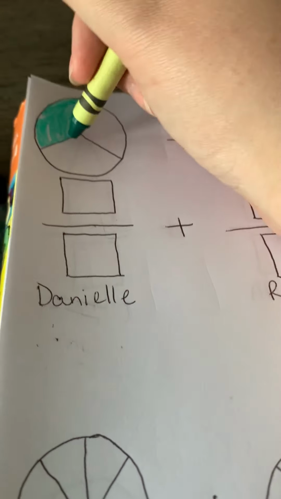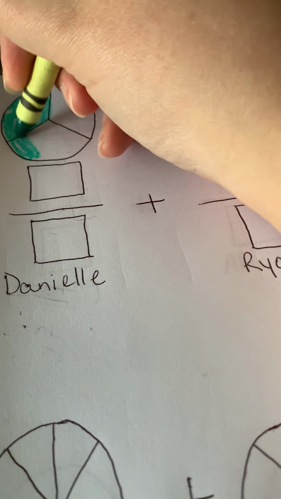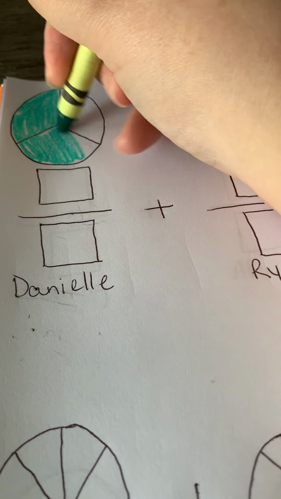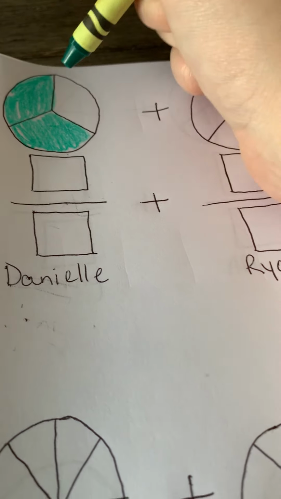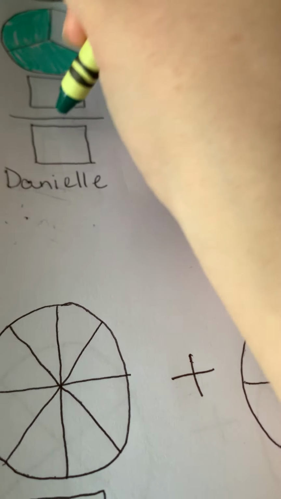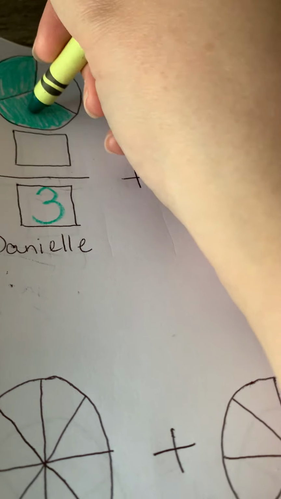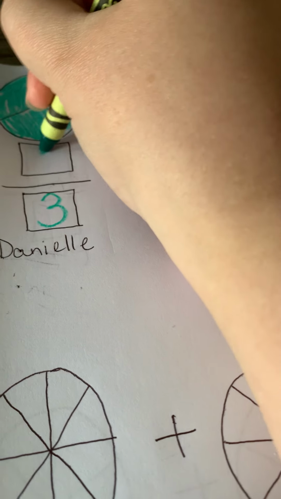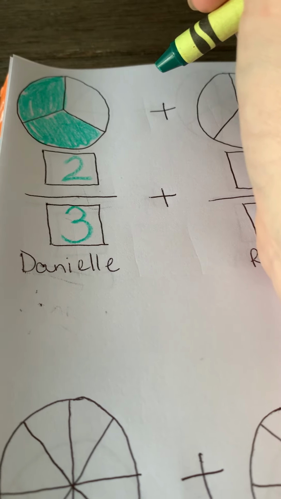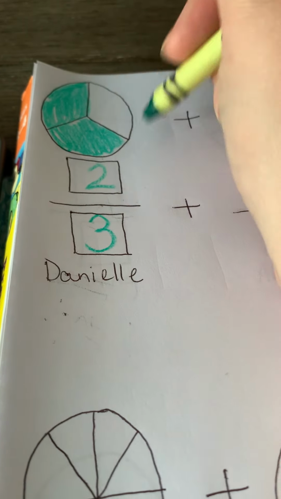So 1, 2. And we had a total of 3. So 3, and then we colored in 2. Okay? So we got Danielle's all together.